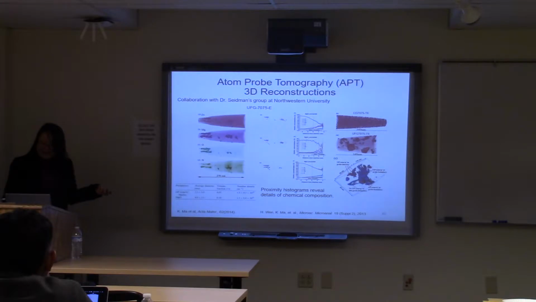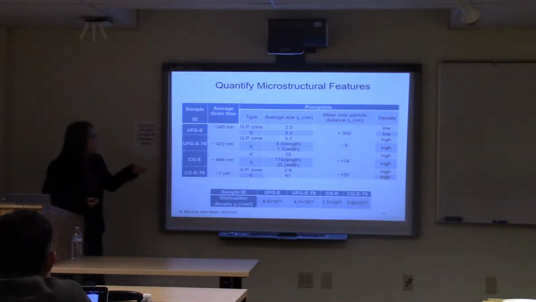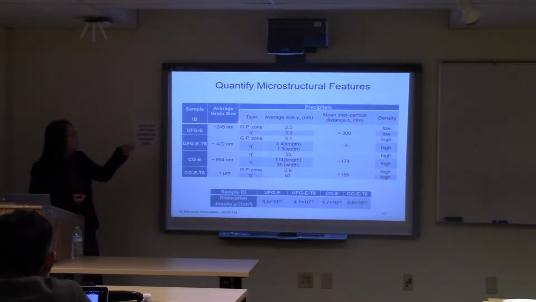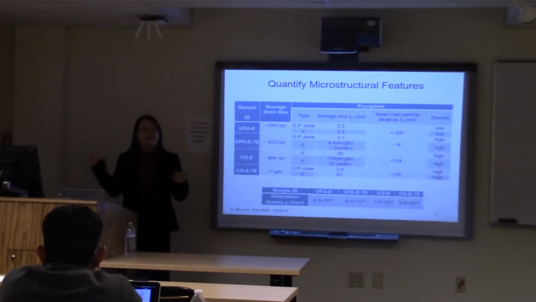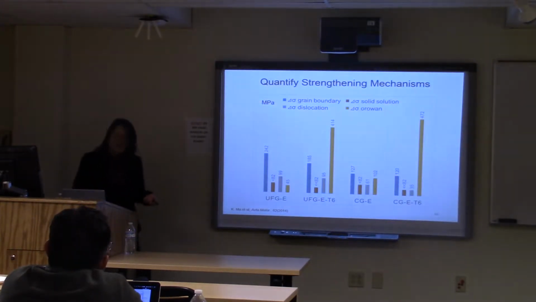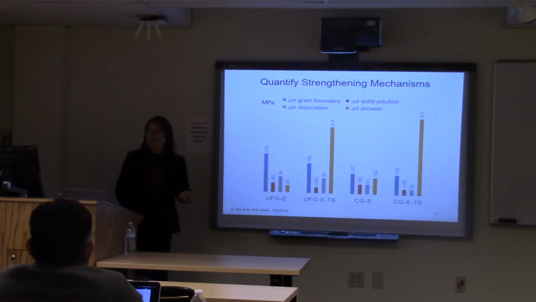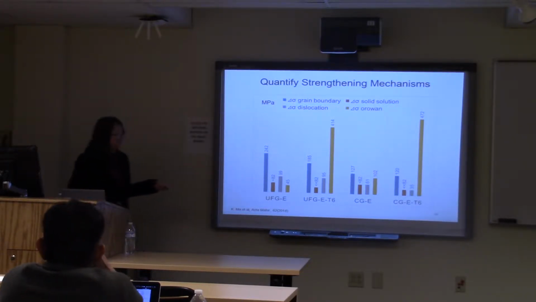Anyway, combining the TEM and the APT, I do get quantitative values for the microstructure features here. And applying all those values back to the equations I showed previously, we can now get a sense of what each mechanism contributed to the strength here.